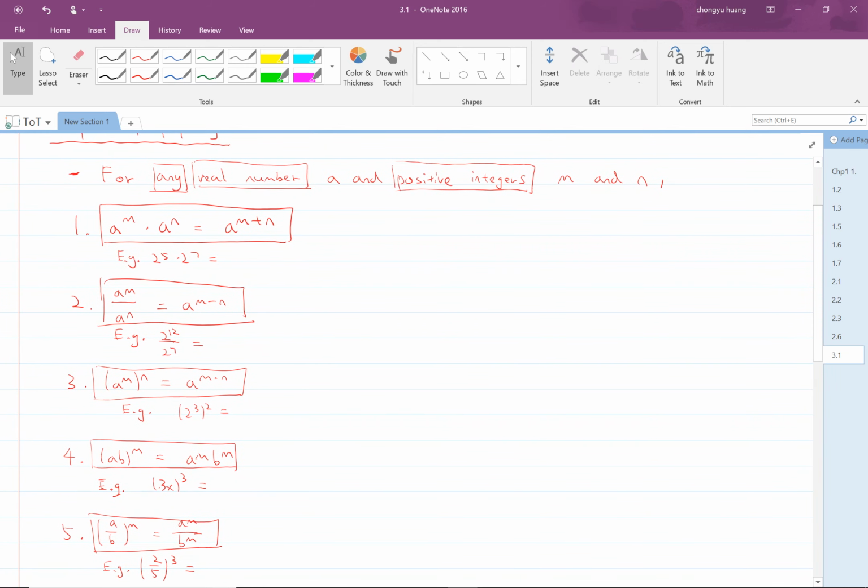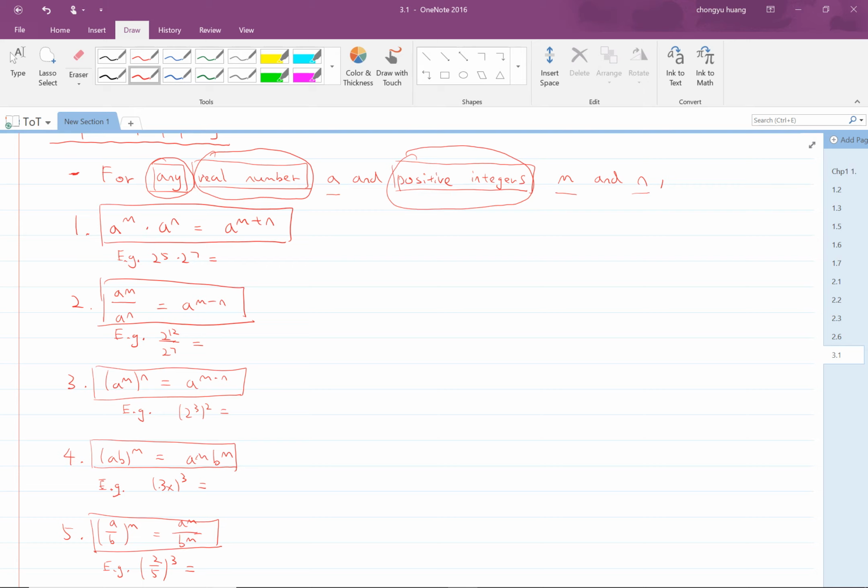You can see over here: for any real number a and positive integers m and n. Those are the conditions for a, m, and n.